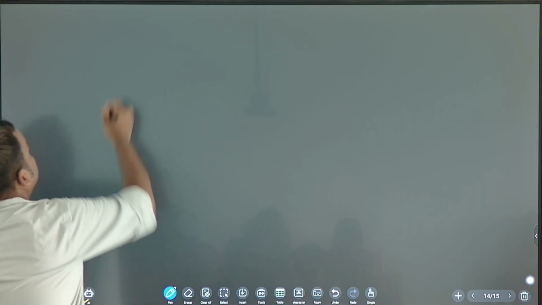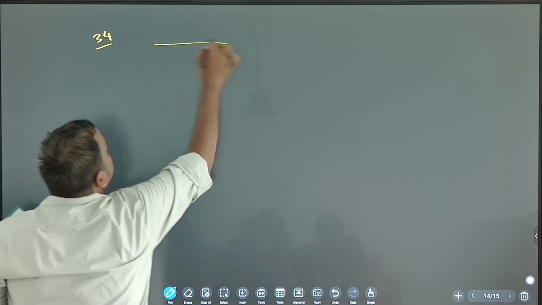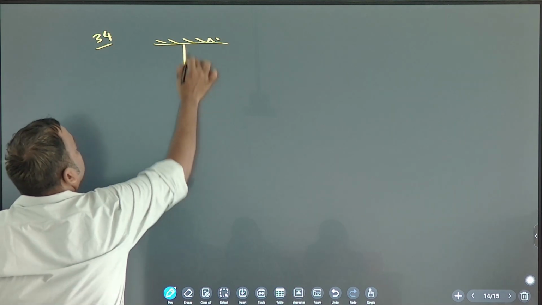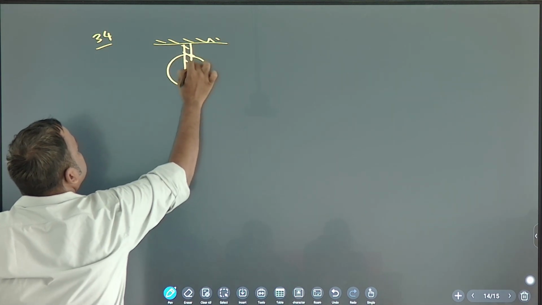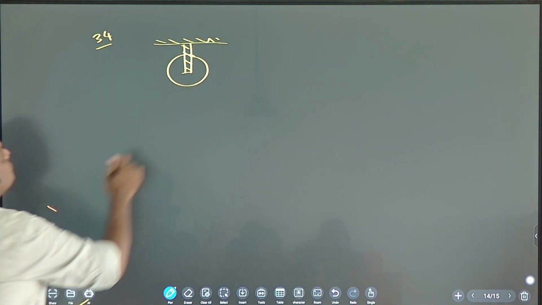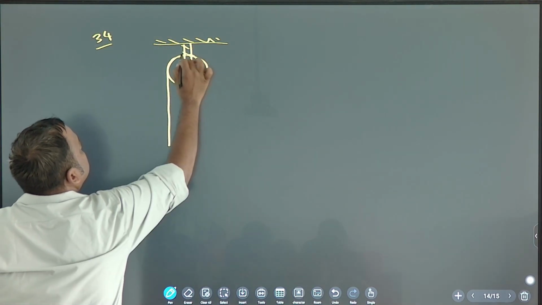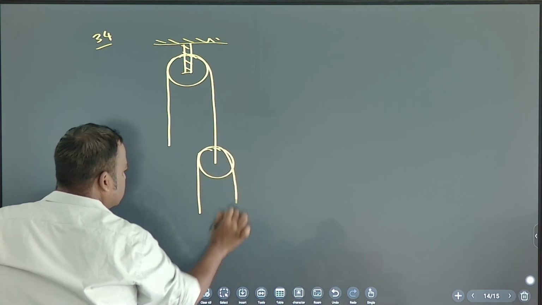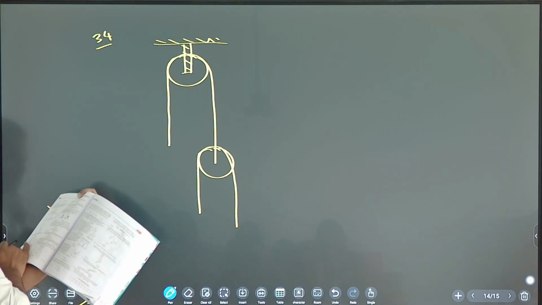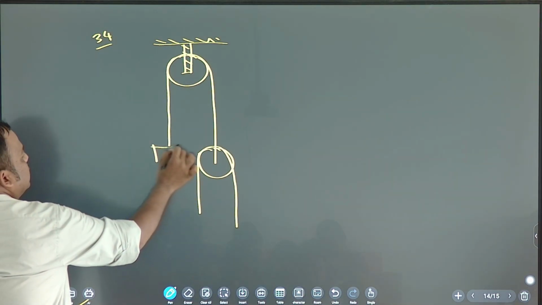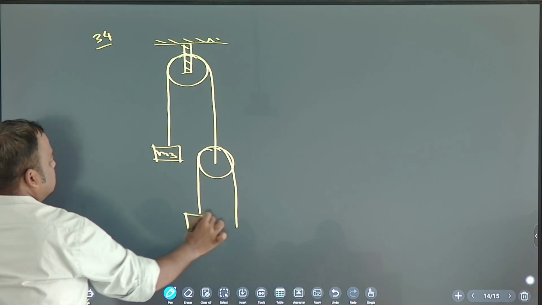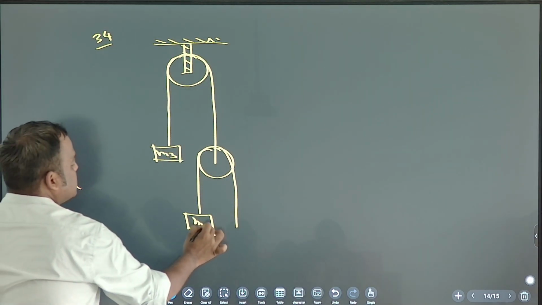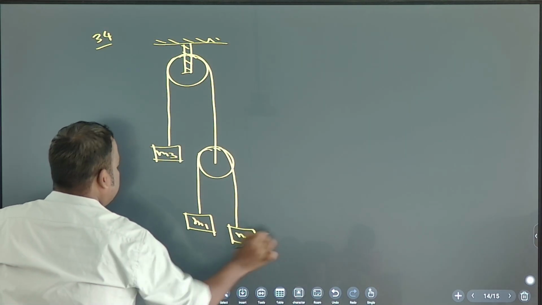So see, question number 34. Ceiling. One clamp is here. One pulley is here. One string is there. One pulley is there. Another string. Here M3. This is M1, this is M2.